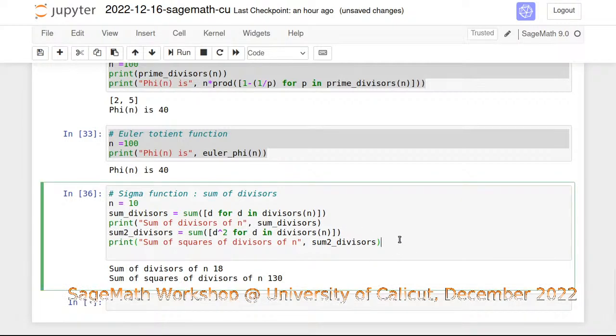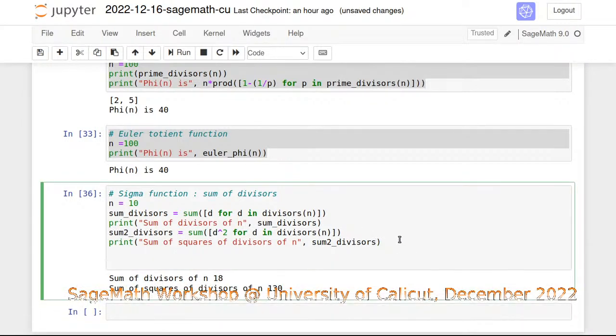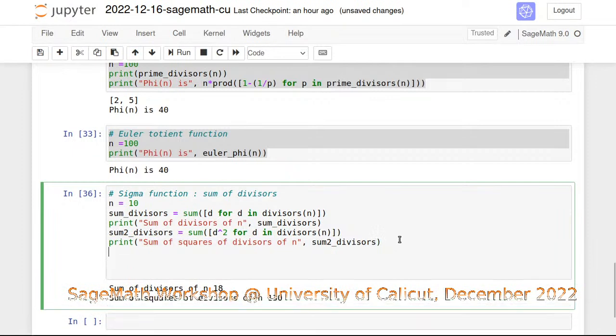But as I already told, Sage being mathematics software, there are built-in functions. Sigma n 2 means the sum of squares. Sigma n 1 means the sum of divisors.